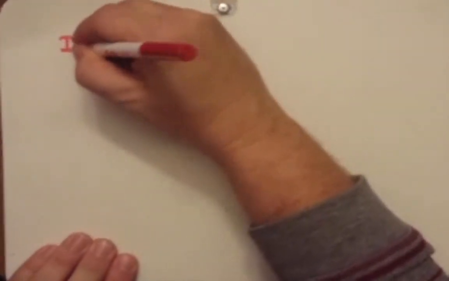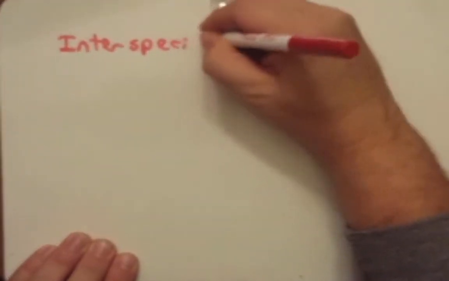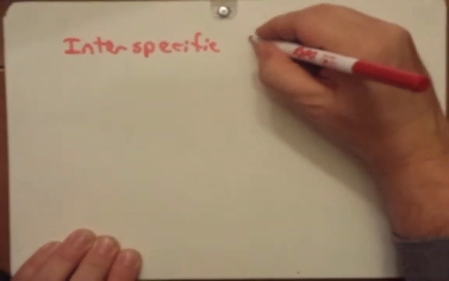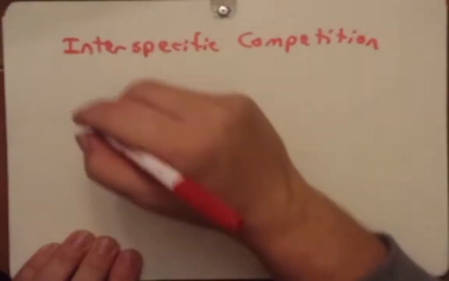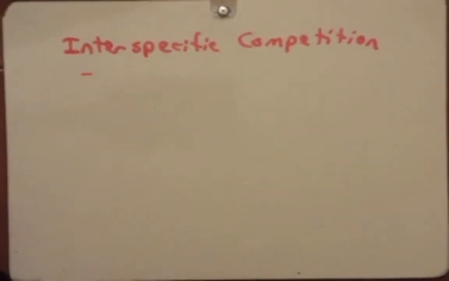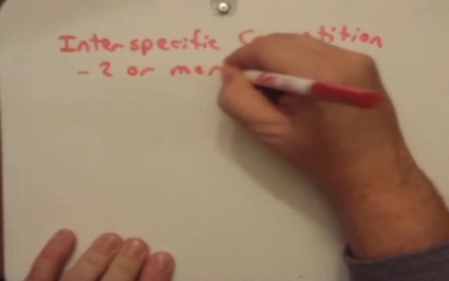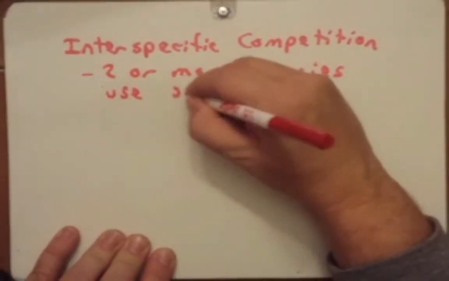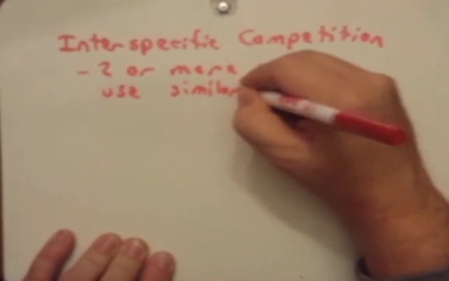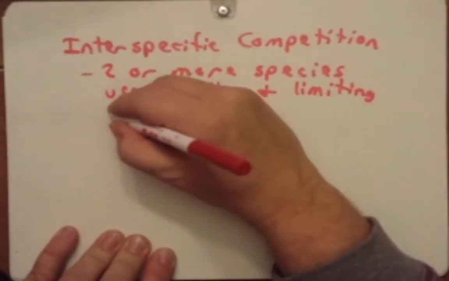The next thing I want to discuss is this term of interspecific competition. And this is a term that we'll use to talk about two or more species that use similar and limiting resources.